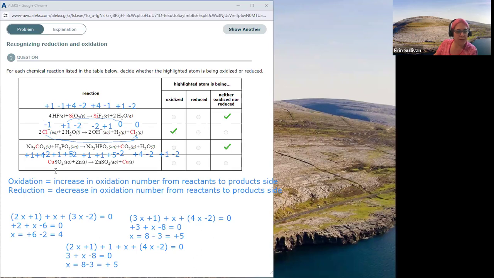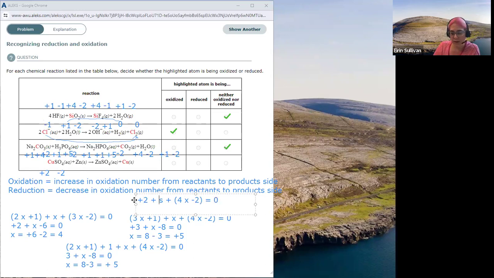Okay, so copper sulfate. Very quickly, we know the sulfate ion is SO4 2-, so I know this is copper +2, just looking at it. Oxygen must be -2. So what is the sulfur? If you're not sure, because sulfur could be the sulfide ion, S2-, or it could be +6, in the same way that phosphorus could be -3 or +5, let's check it out. If copper is +2, and then we've got S, which we don't know, and then 4 times -2, that whole thing has to sum to 0.